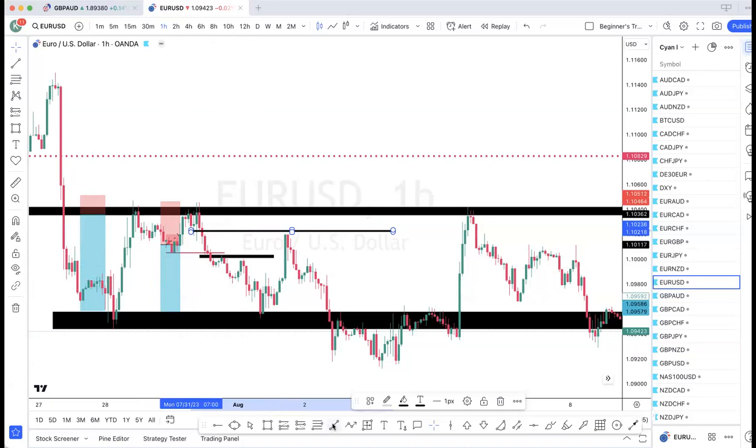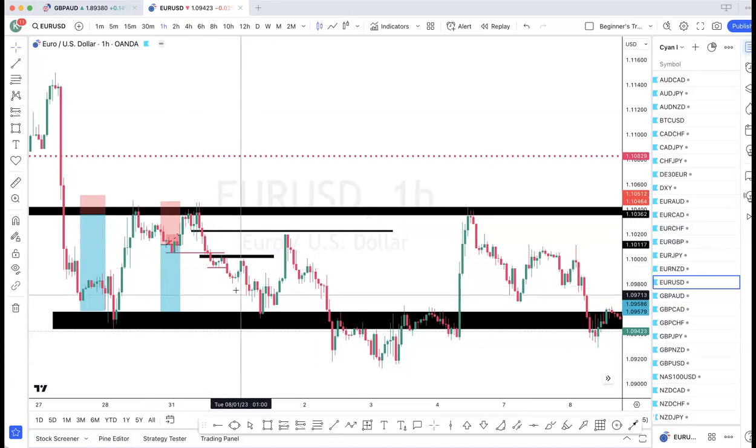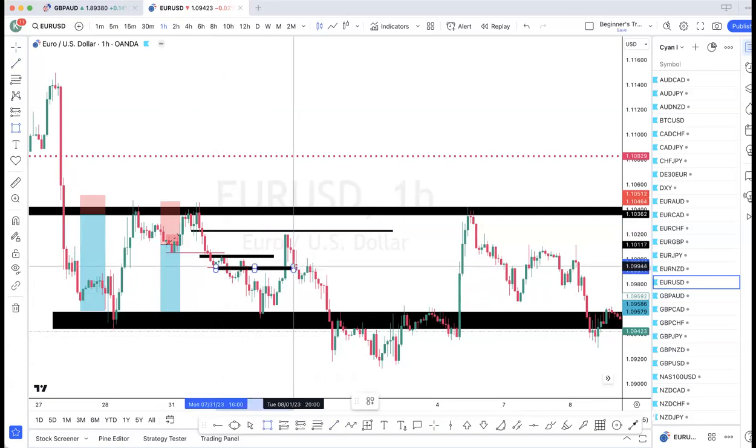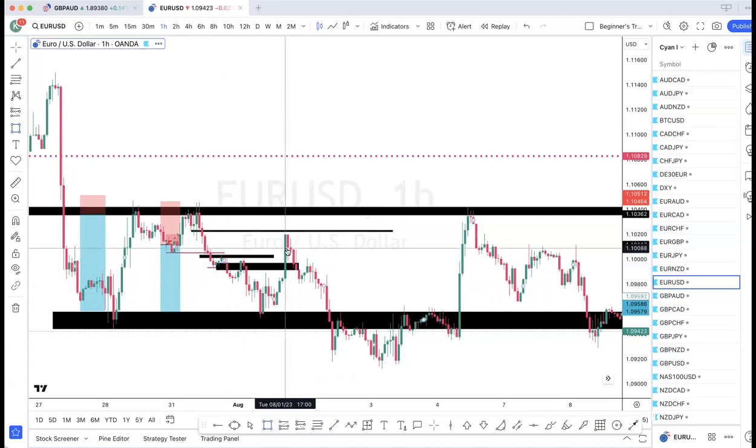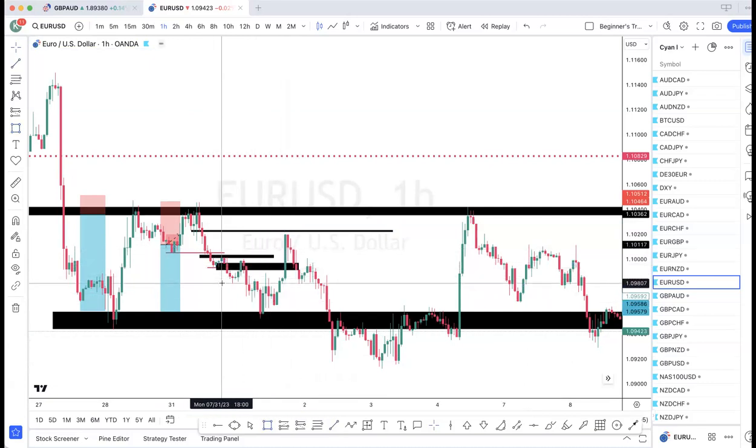And then you had this break here, right? So then you had another imbalance here from here to here, which price pulled into and sold again.